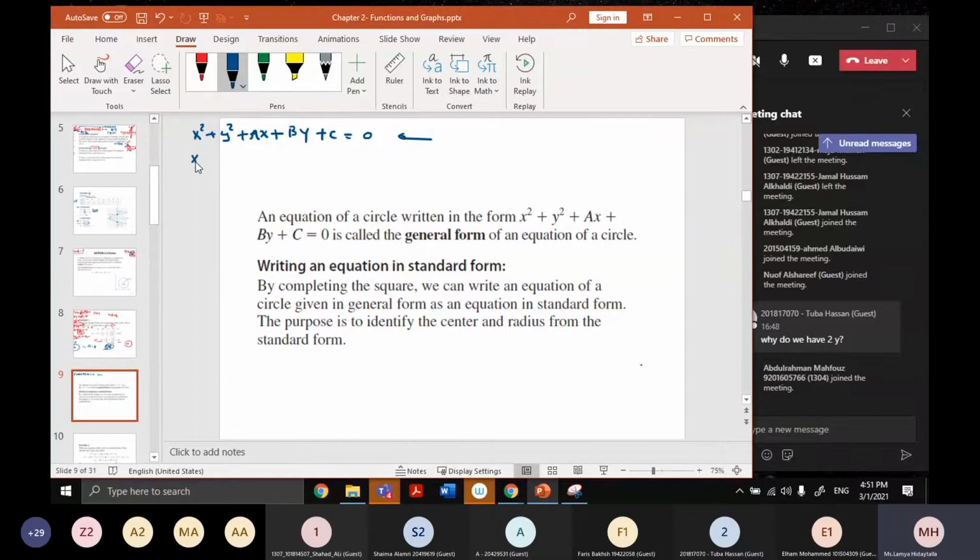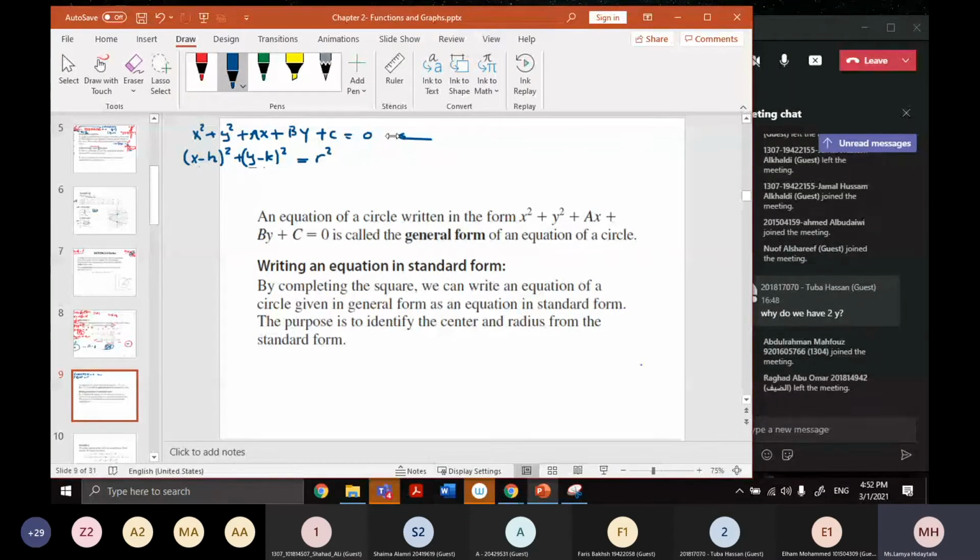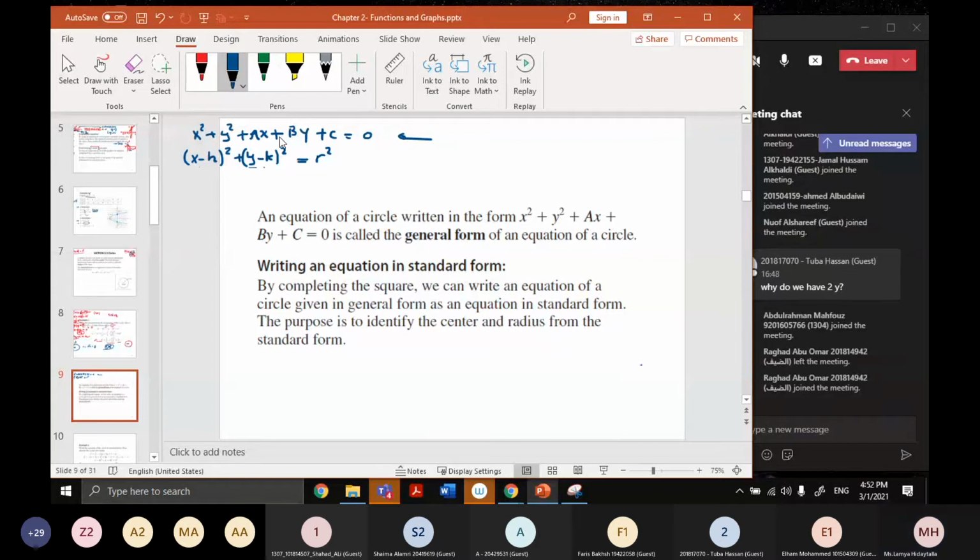It is x minus h the whole squared plus y minus k the whole squared is equal to r squared. Why? We found that if we expand this, we are going to reach this one here. So make sure that you know that this equation is the same as this equation, but we just made an expansion here and we can reach there.